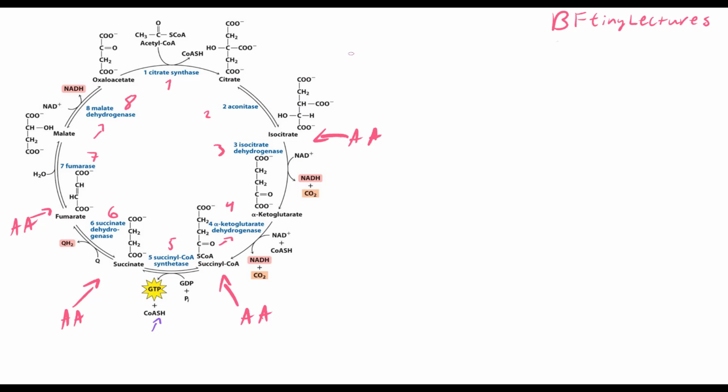So whenever we want to make fatty acids into a different molecule, specifically if we want to convert fatty acids into acetyl coenzyme A, we would have to do a specific reaction, and that reaction is called beta oxidation.